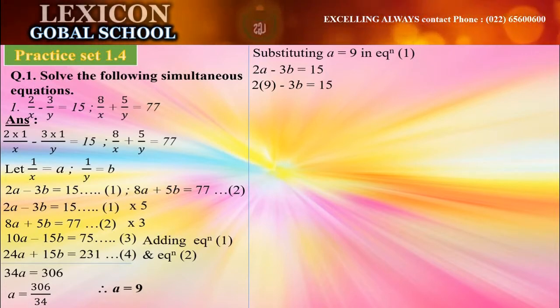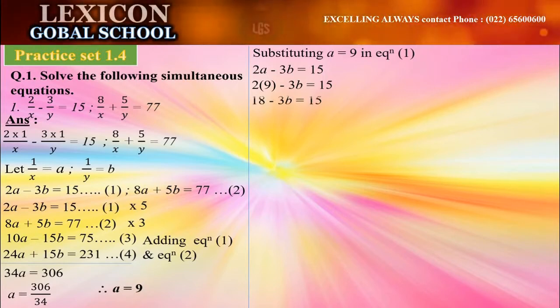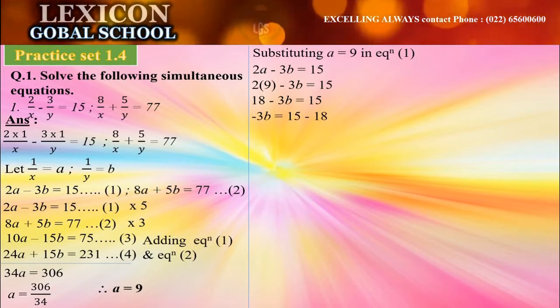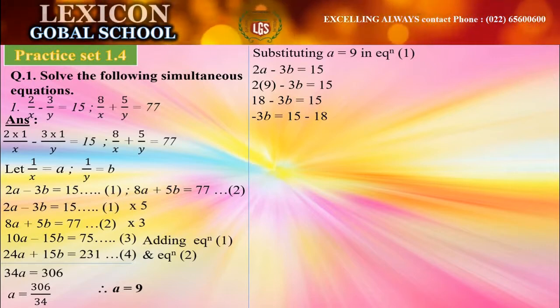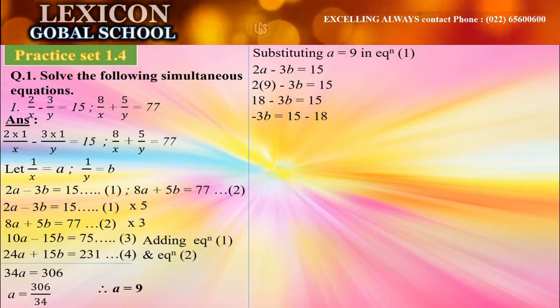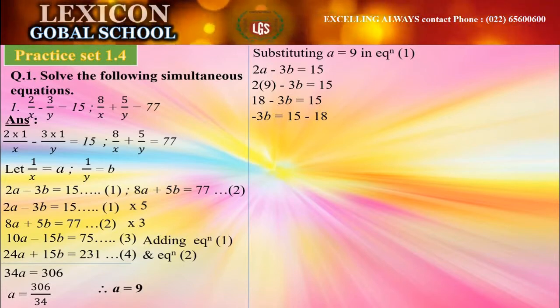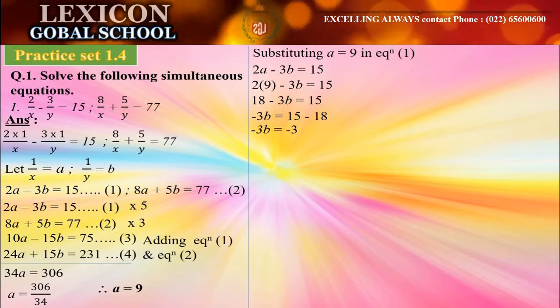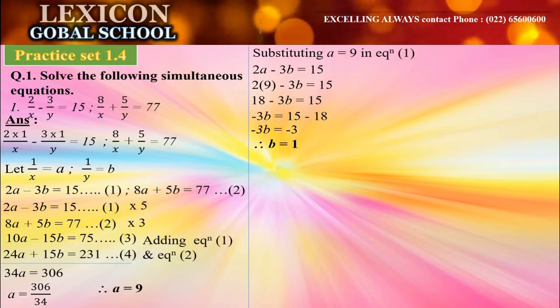So 2 into 9 minus 3b is equal to 15. 2 nines are 18 minus 3b is equal to 15. Minus 3b will remain as it is in your LHS. Plus 18 will move on to your RHS. So minus 3b is equal to 15 minus 18, which gives me minus 3. So the value of b would be 1.